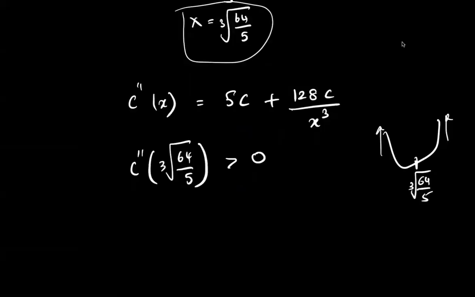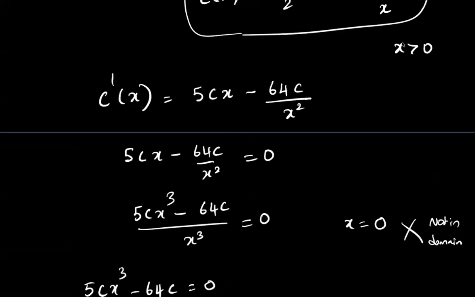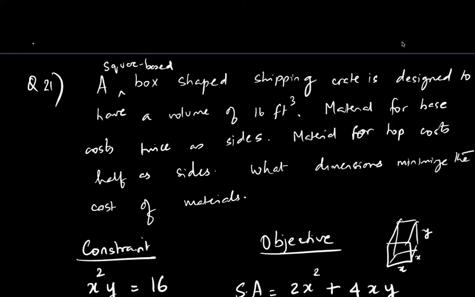So then what we are going to say is that the dimensions that minimize the cost will be x is the cube root of 64 over 5. The unit is feet.